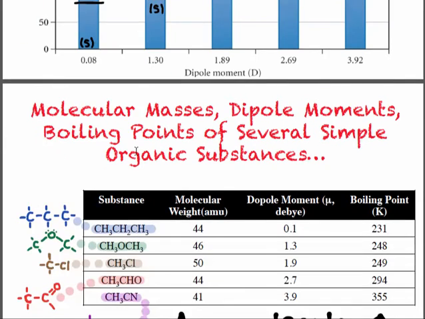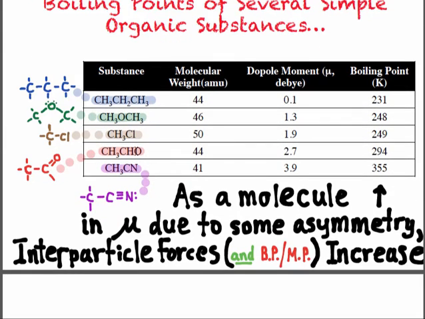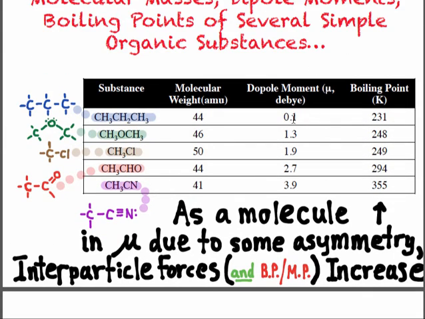Interesting. Here's another, similar table. Dipole moments: 0.1, 1.3, 1.9, 2.7, 3.9. As I go down this chart, this gets more and more lopsided. This one's very lopsided, whereas this one's very not lopsided, and this one's in between. This one's more polar, and this one's the most polar.